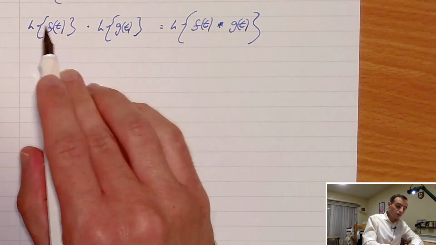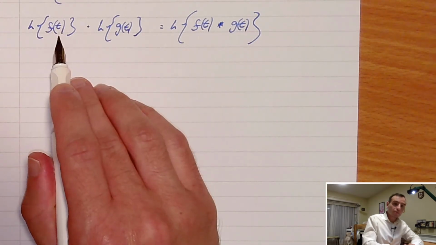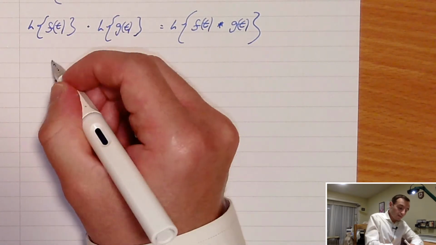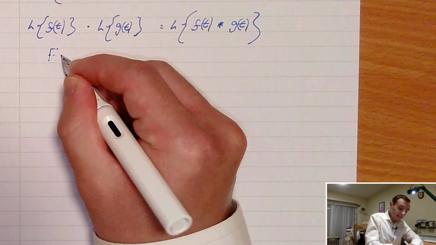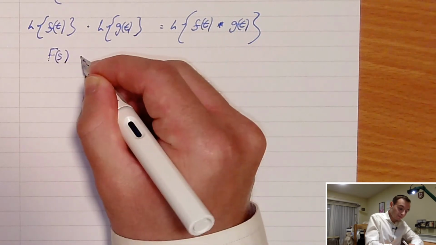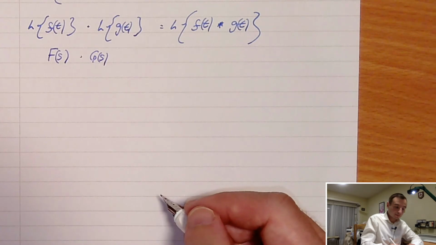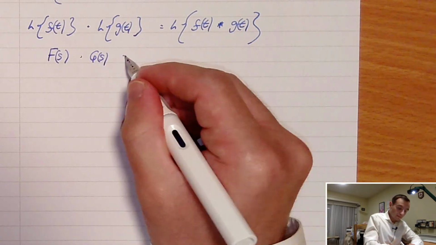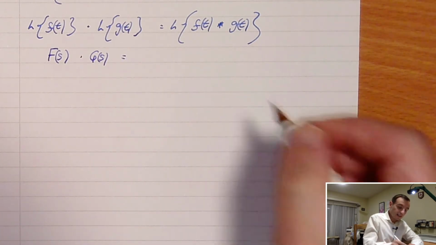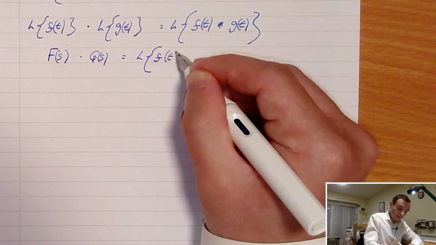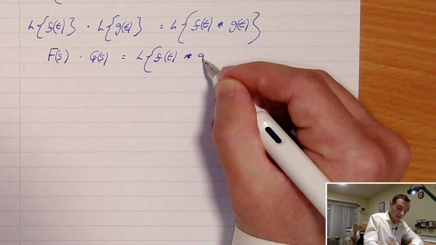Now, how do we normally write the Laplace transform of f of t, and the Laplace transform of g of t? Well, we can just write it like this: F of s times G of s. And that's going to equal the Laplace transform of f of t convolved with g of t.